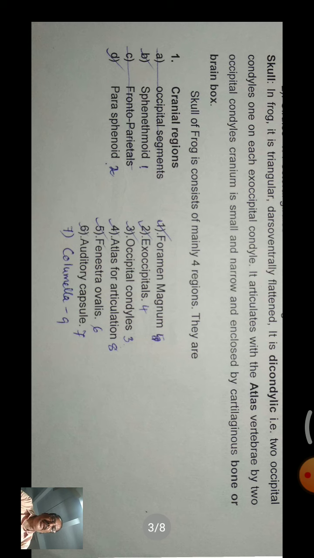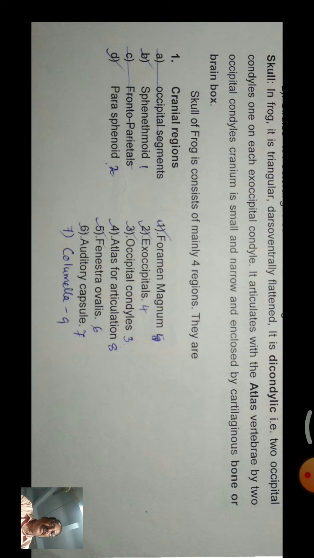First of all, I will take the skull. In frog, it is triangular and dorsoventrally flattened. It is dicondylic, that means it has two occipital condyles, one on each side.